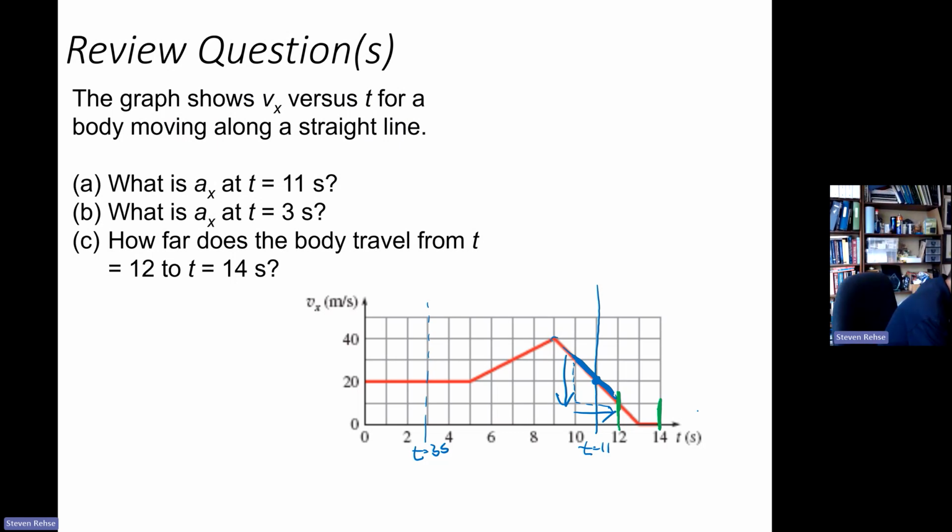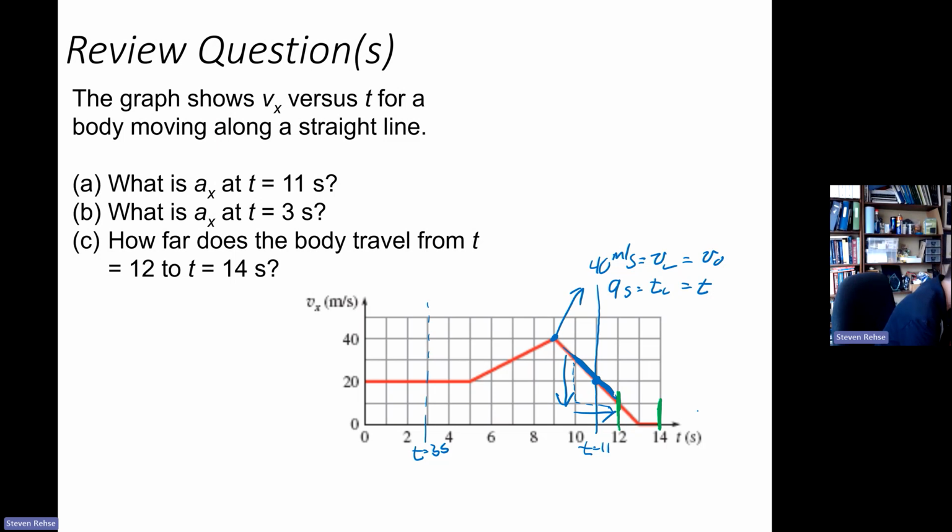So I'm going to use this point right here. This point is 40 meters per second, and we'll call that v initial. That is happening at 9 seconds, and that's t initial. Or if you want, this will be v naught, and this will be t, if you're doing it the way our book does it.